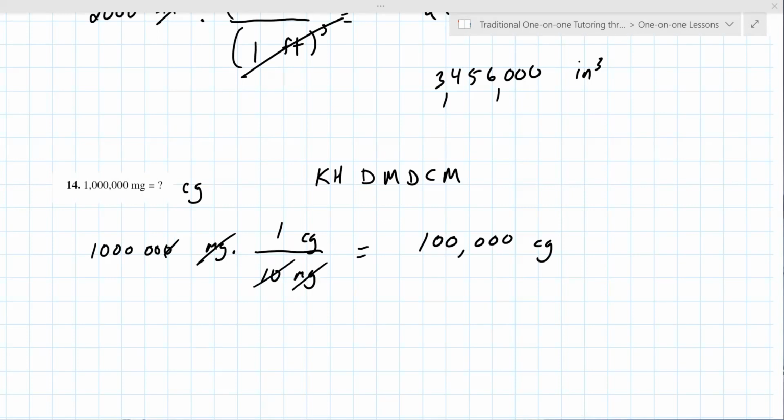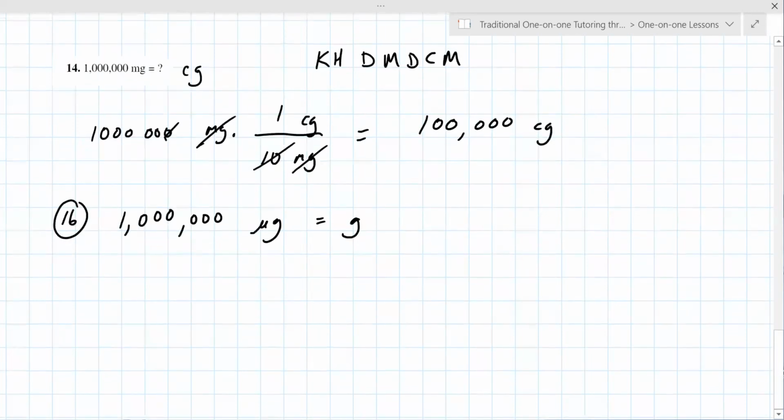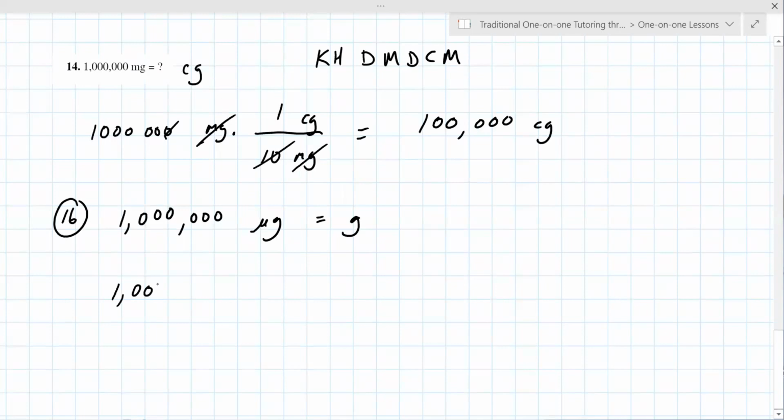Okay, 16 here. I'm going to have to just write it because it's not snipping in very cleanly. It's 1 million micrograms, and you're going to grams. So you start with your micrograms, and you know how many micrograms are in a gram or how many grams are in a microgram. There's 10 to the 6th micrograms in 1 gram, I believe. Your teacher should be providing some conversions for you.